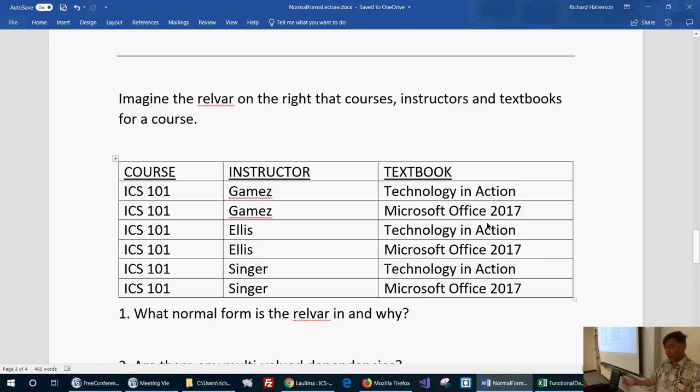You got these ICS321 classes, and there you got 3 instructors, and for ICS 101 you have these 2 textbooks. There's actually more instructors in it too.